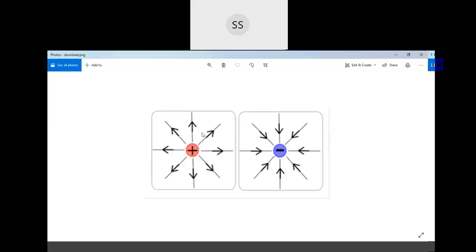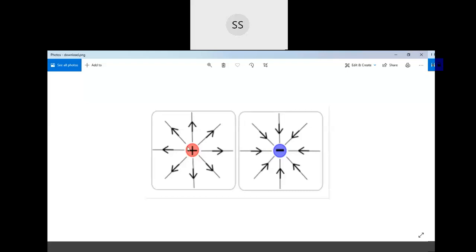When we put the test charge very far away from the source charge, it will not feel any force. So that means the test charge is not in its electric field area. Only when the test charge is in its electric field area can it experience force from that source charge.